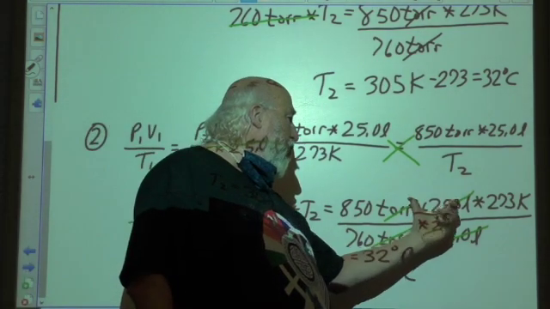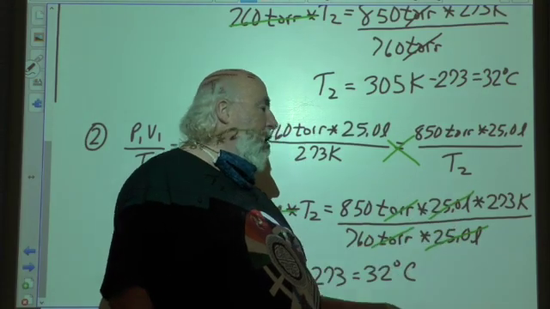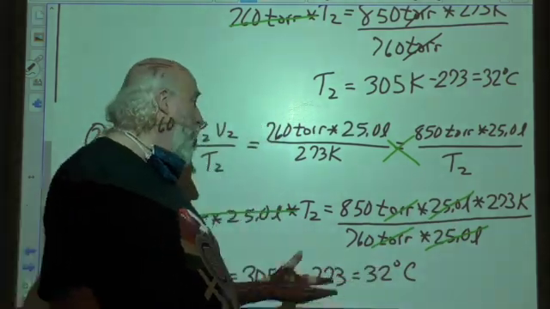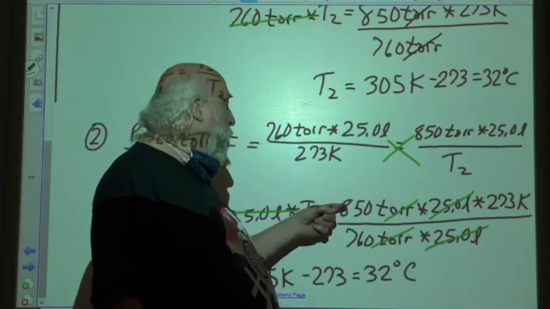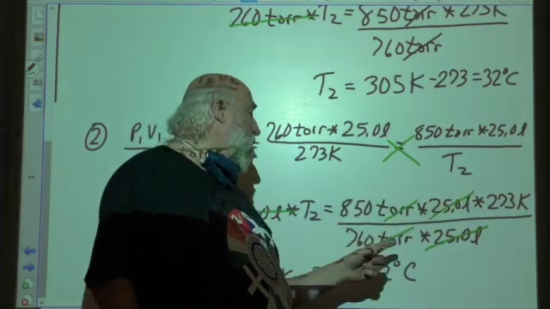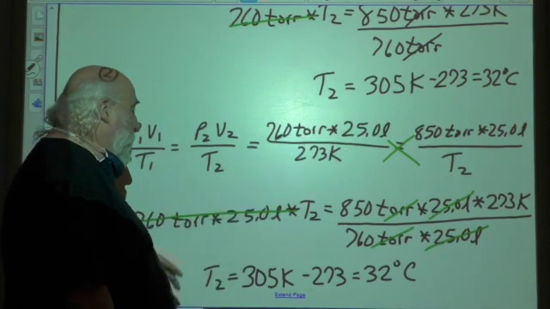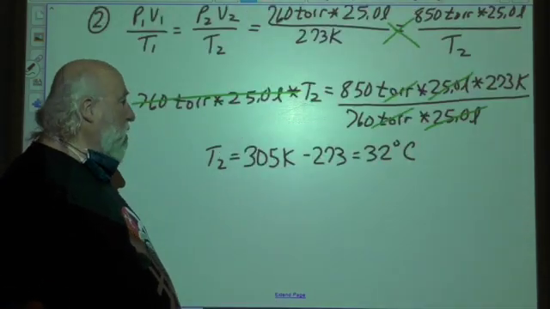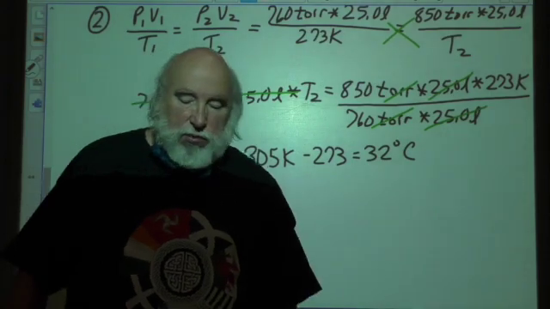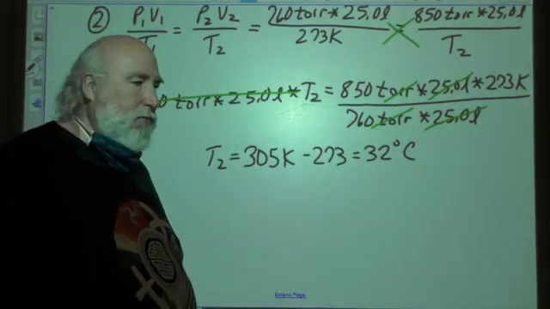That means 25 liters is found in both the numerator and denominator, and they cancel out. The torrs cancel out. So we're left with 850 times 273 K over 760, which is exactly what we had in the first problem, giving us 305 K minus 273 equals 32 degrees Celsius.